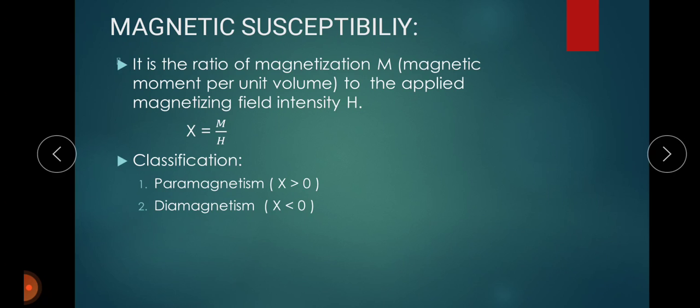In the case of ferromagnetic material, these are materials which are strongly attracted by the applied magnetic field or magnet. For example, iron, steel, nickel, cobalt are all examples of ferromagnetic material.